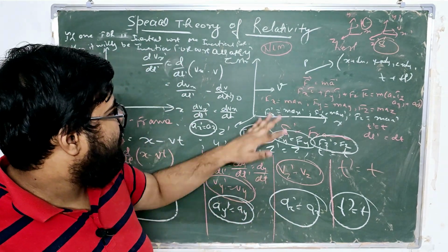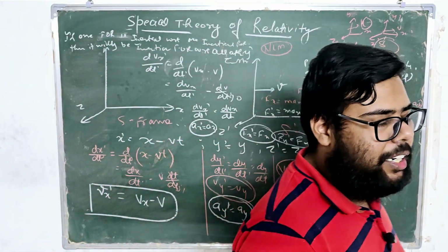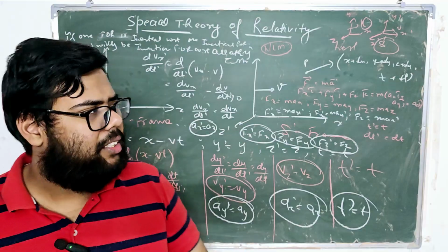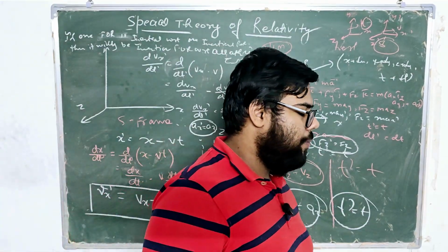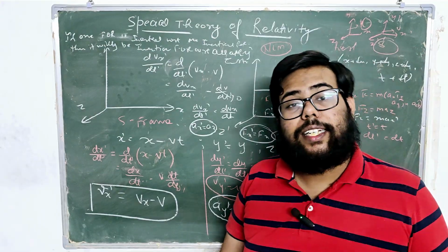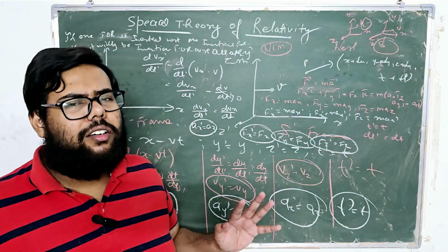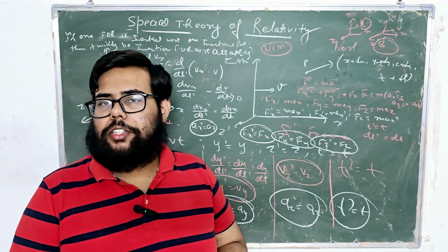So this is an introductory lecture of the special theory of relativity. This was the first lecture, and in this we have discussed Galilean transformations and the invariance of Newton's laws of motion under Galilean transformation. In the next lecture we will be discussing Lorentz transformations, time dilation, and those things.